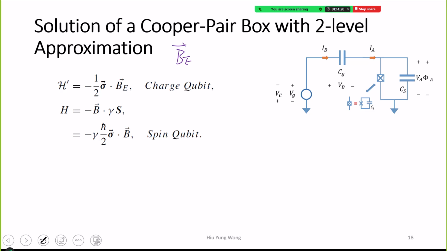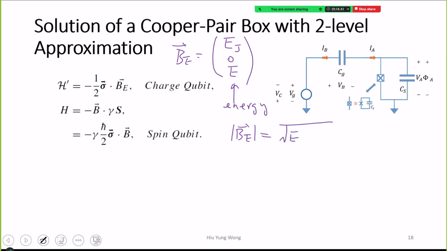BE vector is equal to EJ, 0, E. It is completely energy. It is not a magnetic field at all, right? And we also can define its magnitude BE as square root of EJ squared plus E squared.